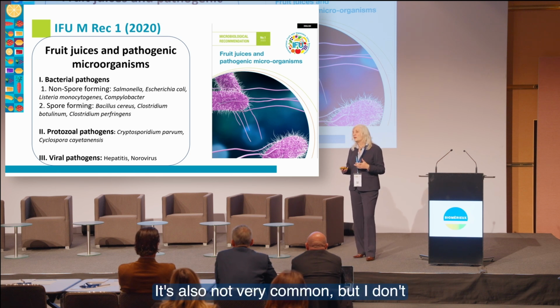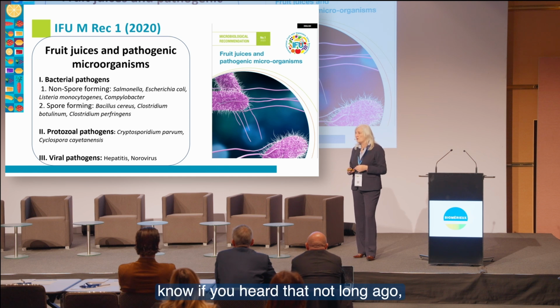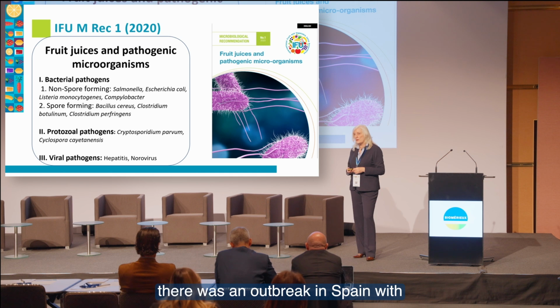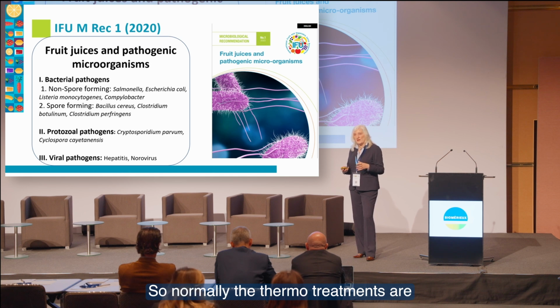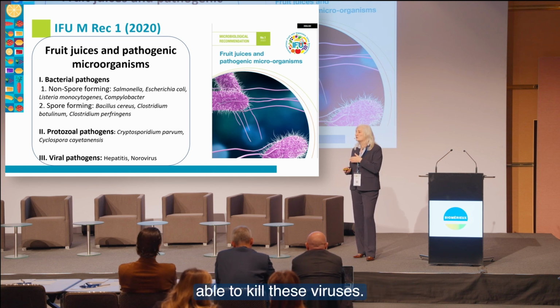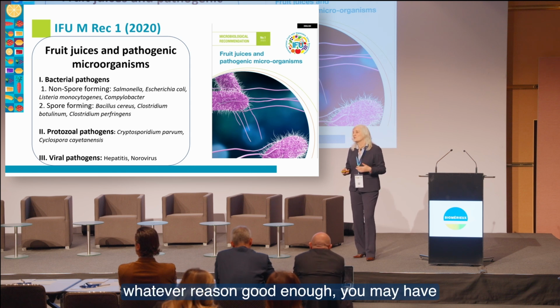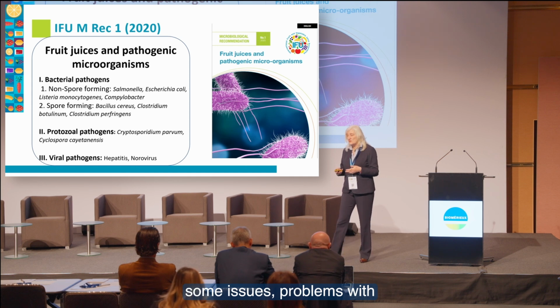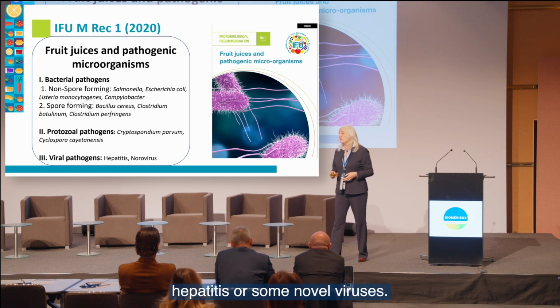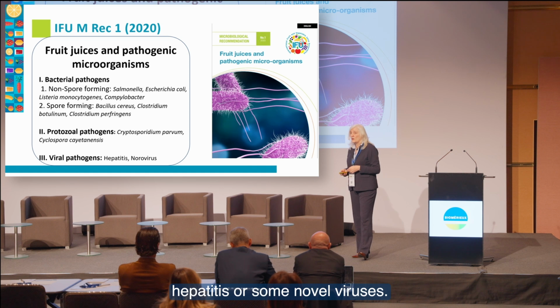It's also not very common, but I don't know if you heard that not long ago there was an outbreak in Spain with strawberries, with viruses, with hepatitis B. Normally the thermal treatments are able to kill these viruses, but if the thermal treatment is not, for whatever reason, good enough, you may have some problems with hepatitis or also with novel viruses.